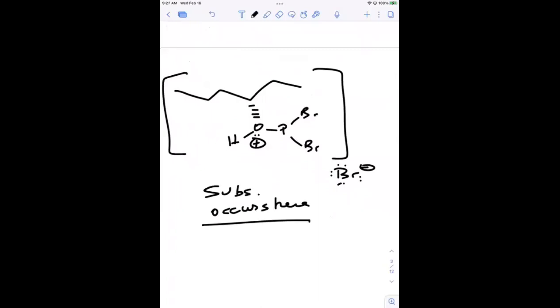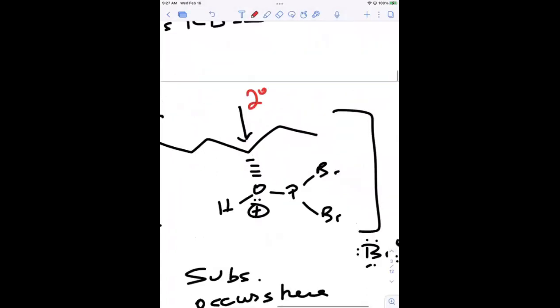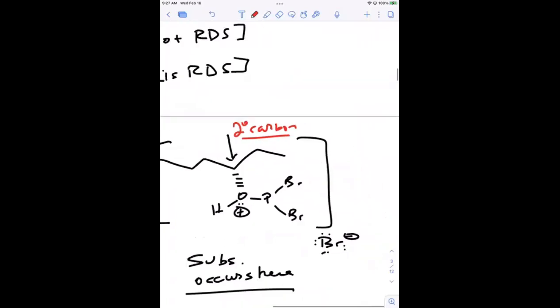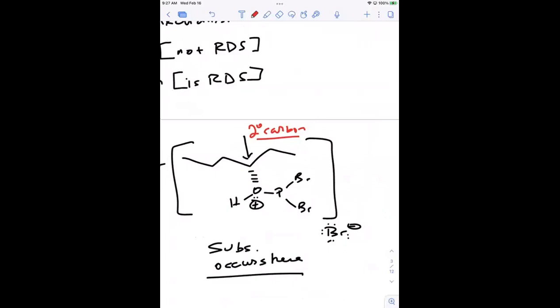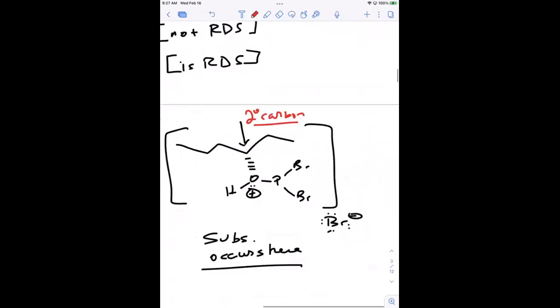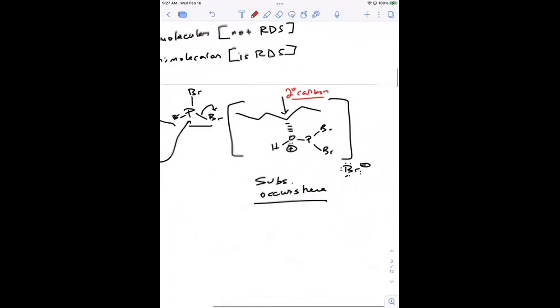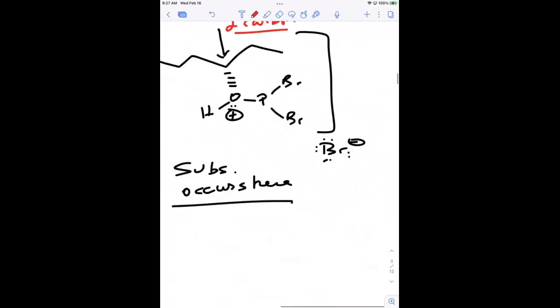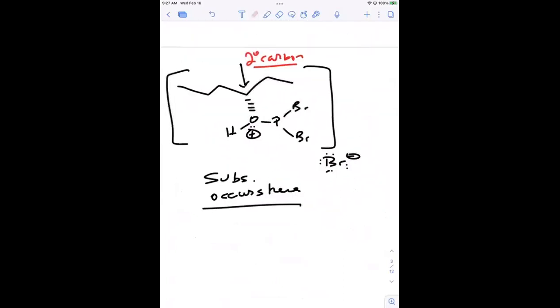And because this is a secondary carbon, this can be SN2 or SN1, but for the purposes of what we're talking about, we're going to say it is SN2.